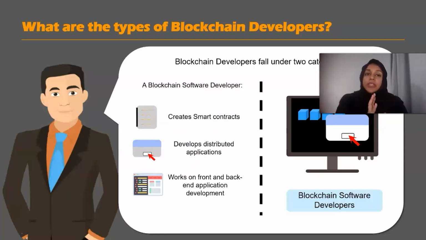Coming to the usual and major responsibilities that need to be covered by a blockchain software developer: writing smart contracts, or developing the whole distributed applications. The reason for mentioning distributed applications is that just writing smart contracts is not all you do.